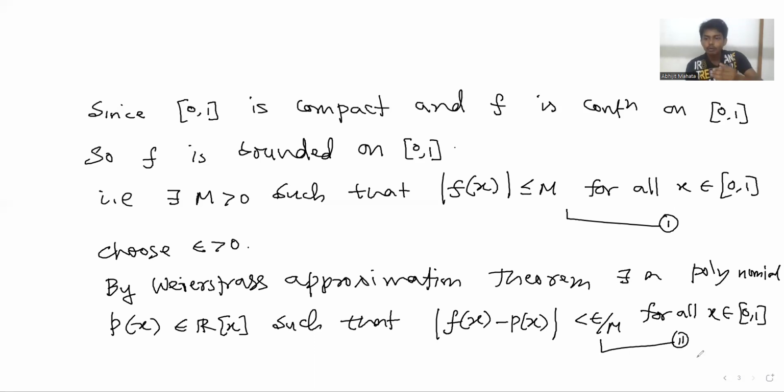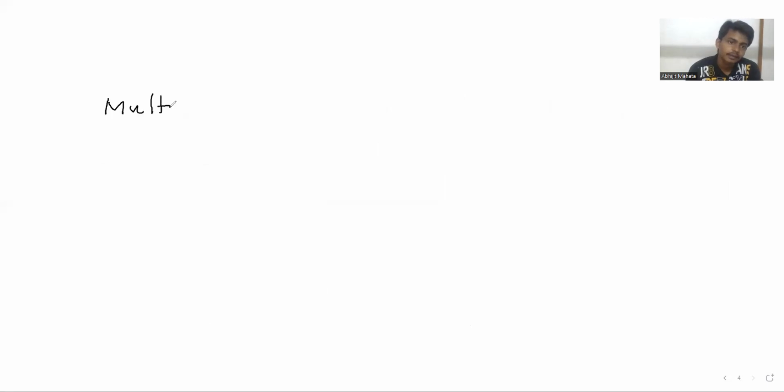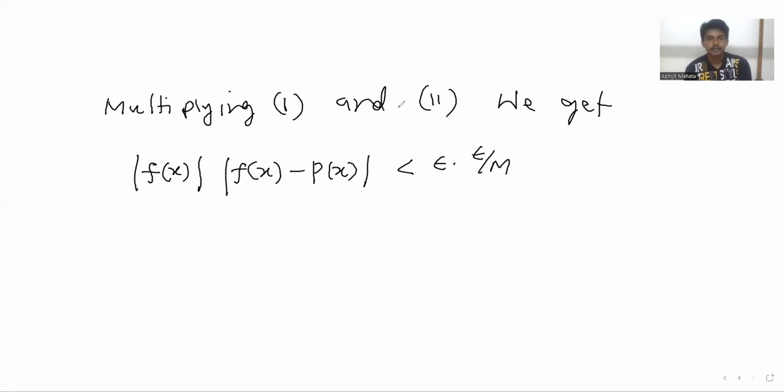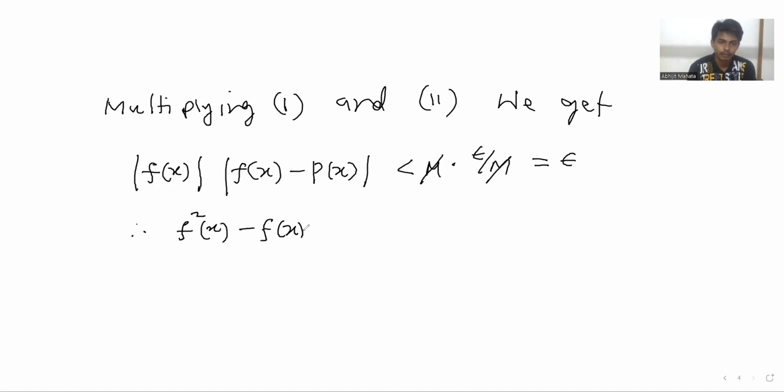So if you multiply 1 and 2, we get that the absolute value of f(x) times the absolute value of f(x) minus p(x) is less than M times epsilon divided by M. So now observe that M cancels out, so that's why we took epsilon by M. We are getting, taking the absolute value inside, that the absolute value of f(x) squared minus f(x)p(x) is less than epsilon.